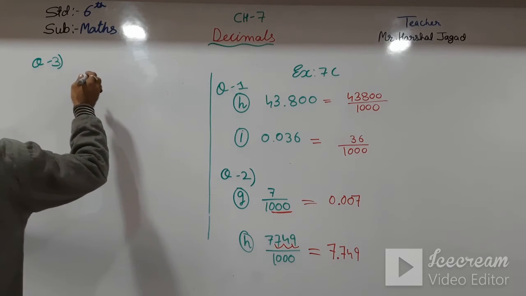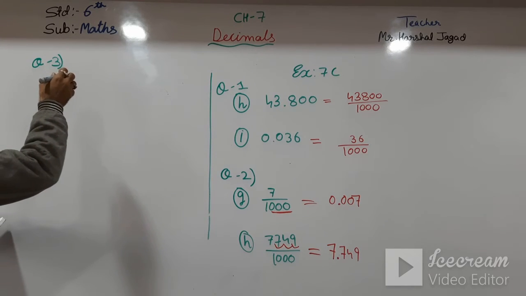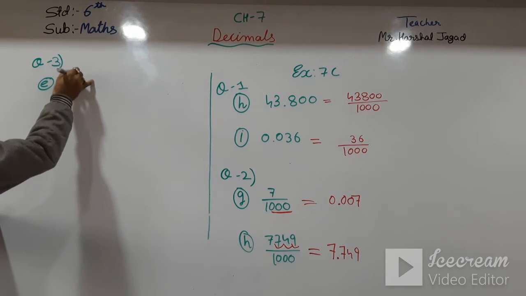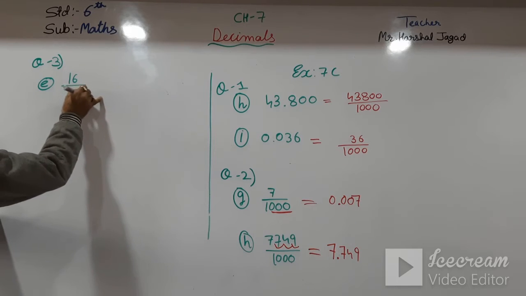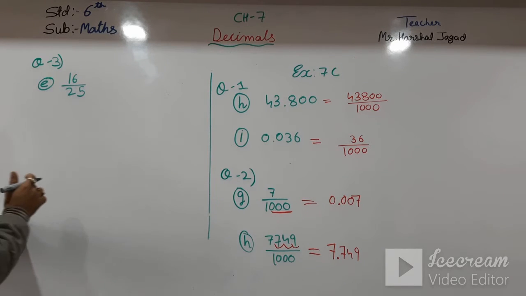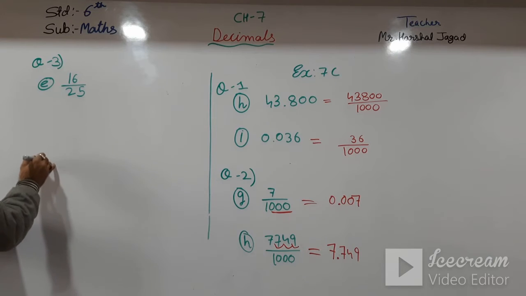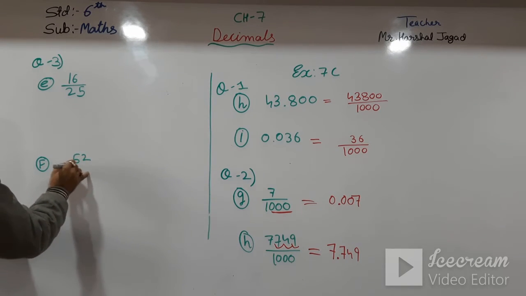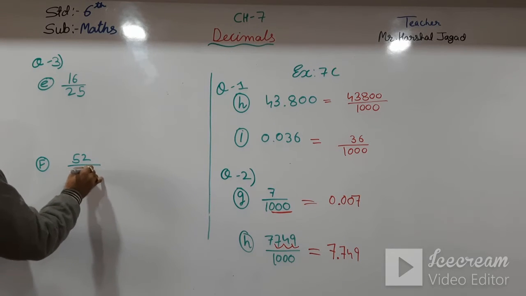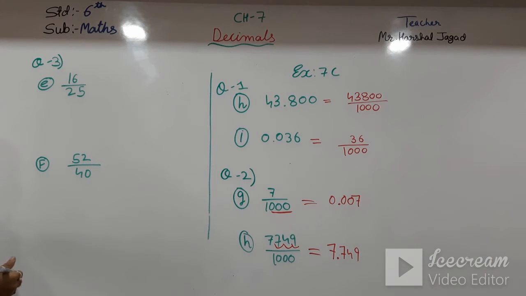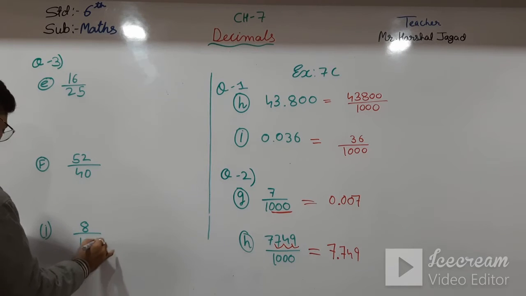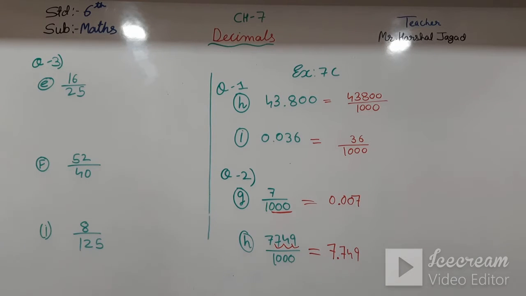We will do E, that is 16 by 25, and F, that is 52 by 40, and also I, that is 8 by 125.